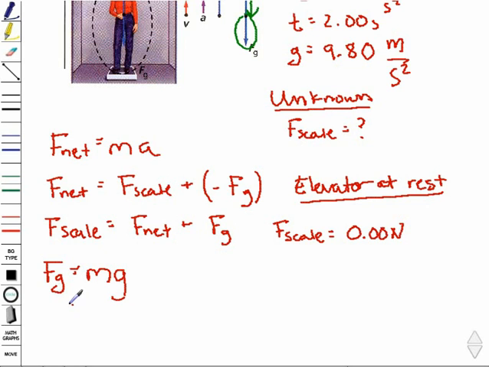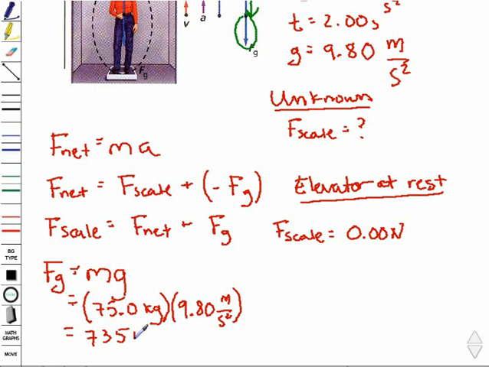So when we go to figure this out, we're going to take your mass, which was 75 kilograms, and multiply it by g, which is the acceleration due to gravity, 9.80 meters per second squared. When you multiply this through, you find that the weight of the person was 735 newtons.